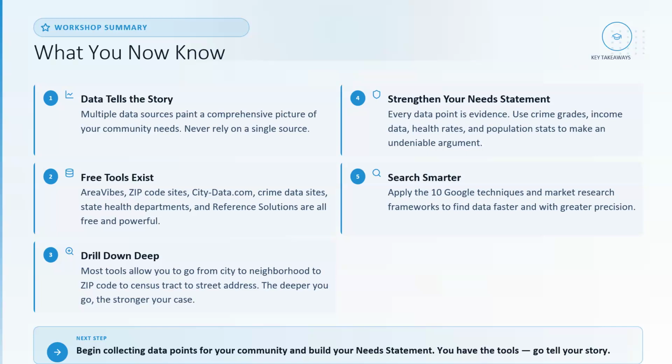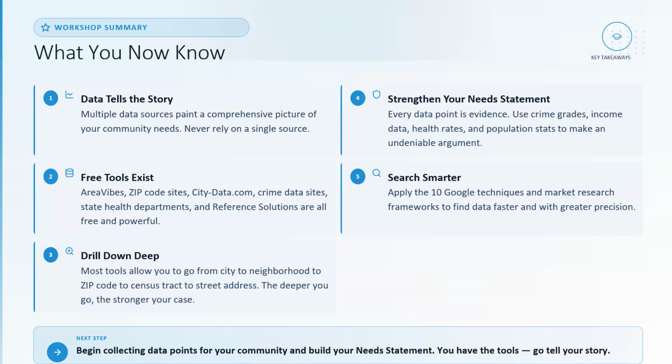And we're going to go to each of these. All free and powerful. It says drill down deep. Most tools allow you to go from city to neighborhood to zip code to census tract to street address. The deeper you go, the stronger your case.